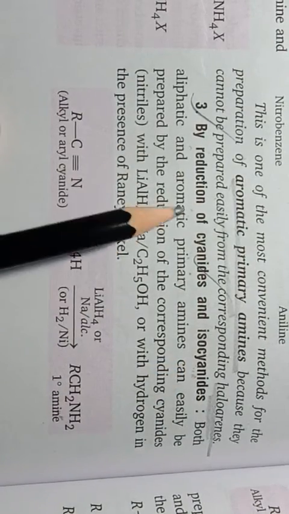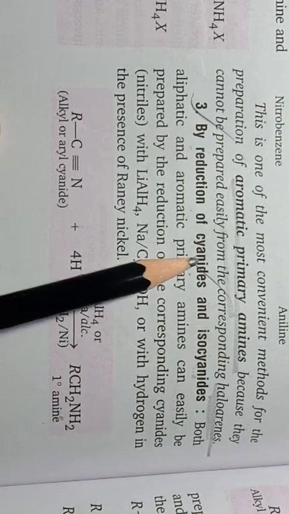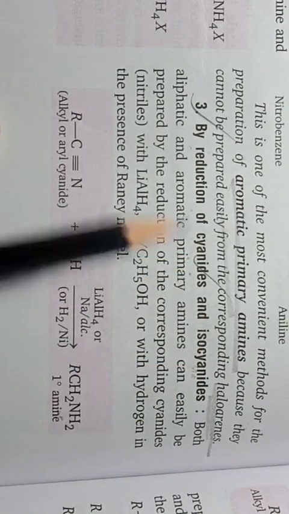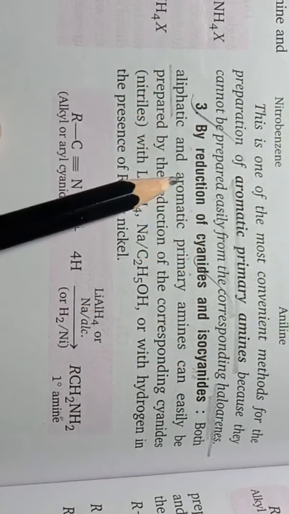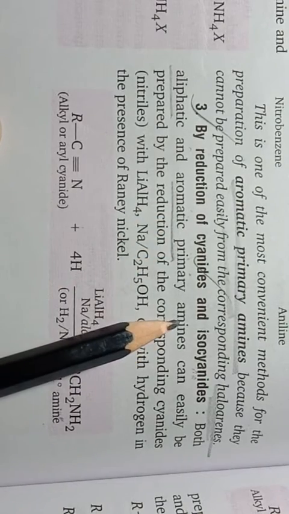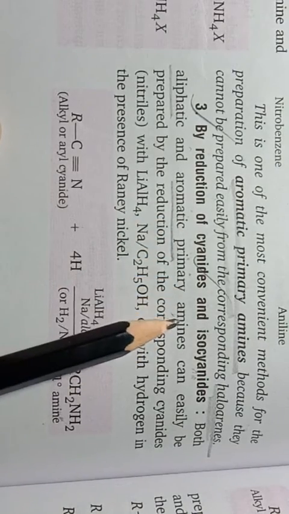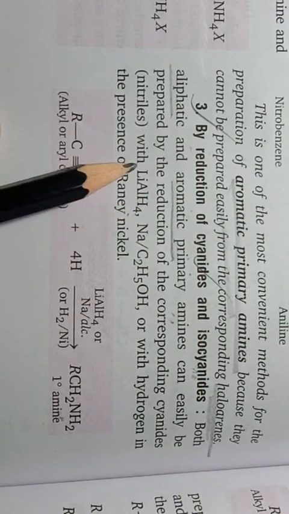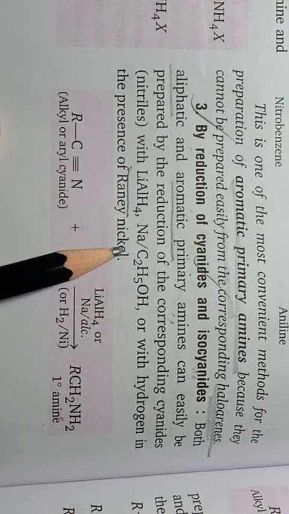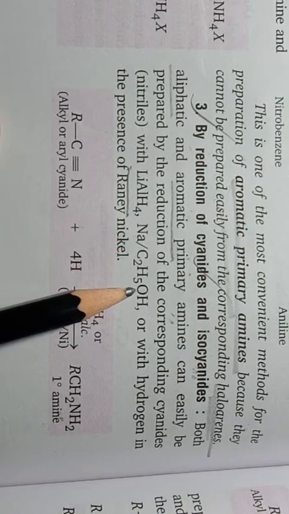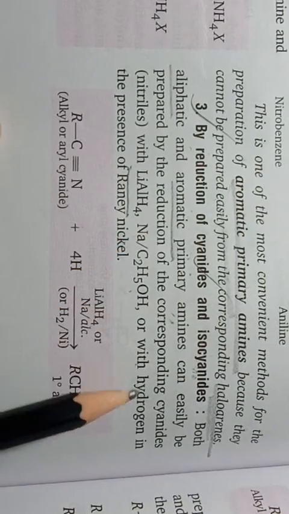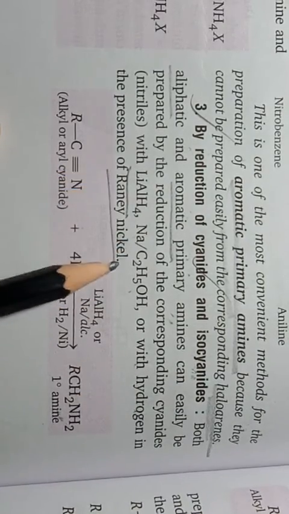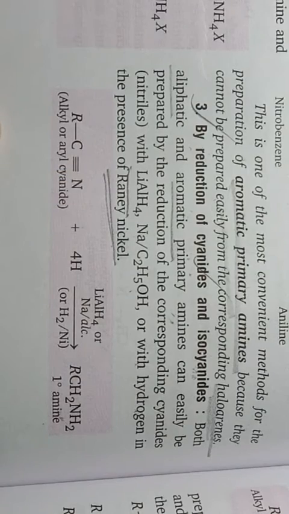So with the help of cyanide and isocyanide, both aliphatic and aromatic primary amines and secondary amines can be formed. The reducing agents are lithium aluminium hydride, or sodium and ethanol, or hydrogen in the presence of Raney nickel.